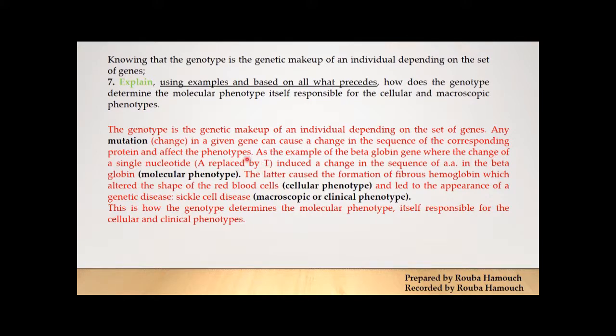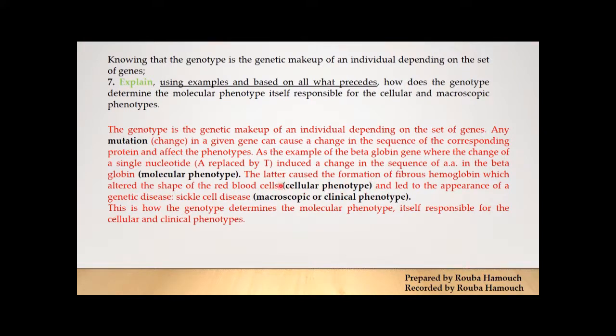This substitution induced a change in the amino acid sequence of the beta globin protein. It's the molecular phenotype. We have an abnormal beta globin protein. The latter, the abnormal protein, caused the formation of fibrous hemoglobin, which altered the shape of the red blood cells.